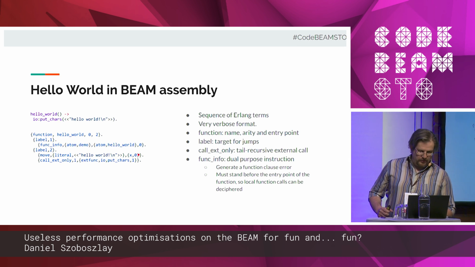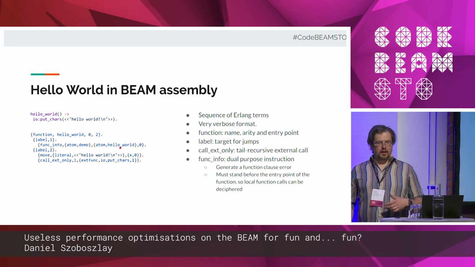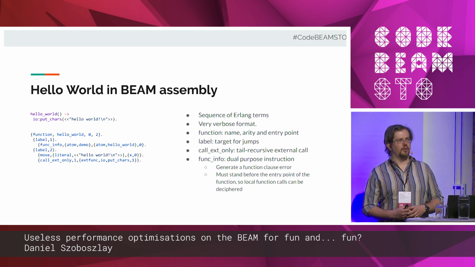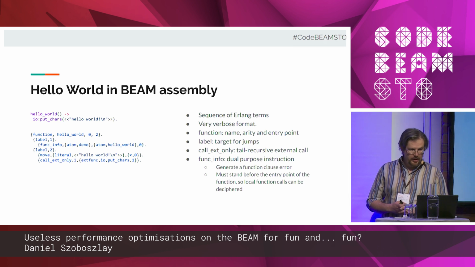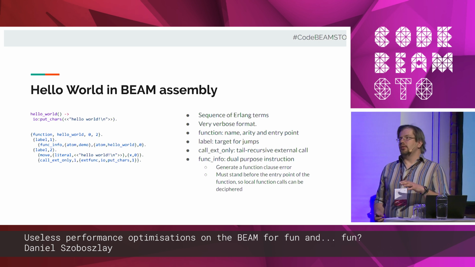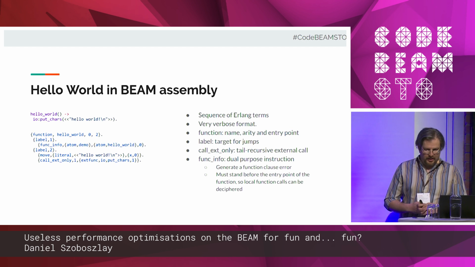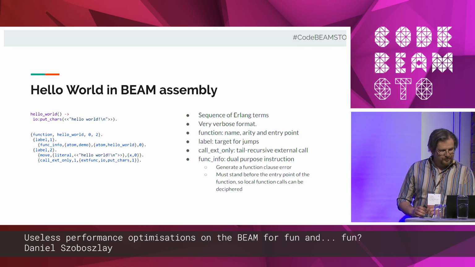Or whenever you see an atom or other Erlang term, you have to wrap it into a tuple that holds some type information. And this code is very easy to parse by machine, but quite hard for a human being to write. You can trust me on this one.